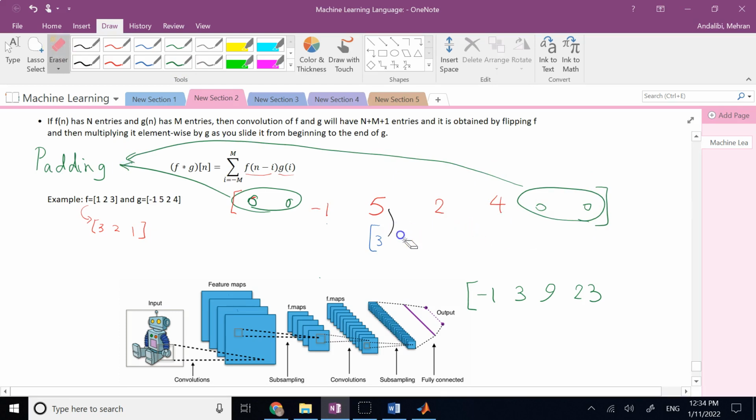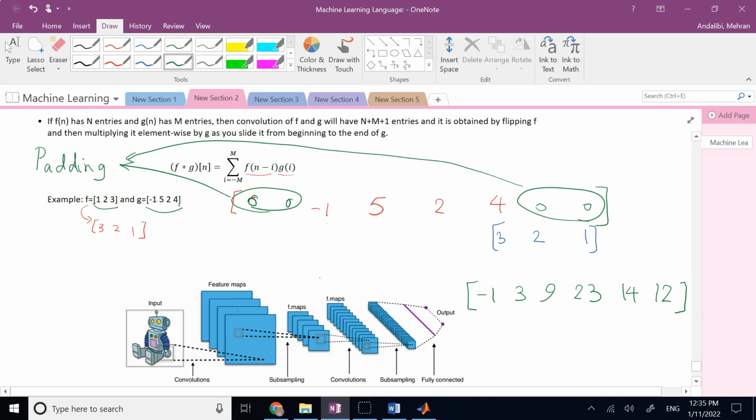So now we can bring it here. And that's 6, and that's 8, that's 14. And finally, move 1 more unit. And this is 12.